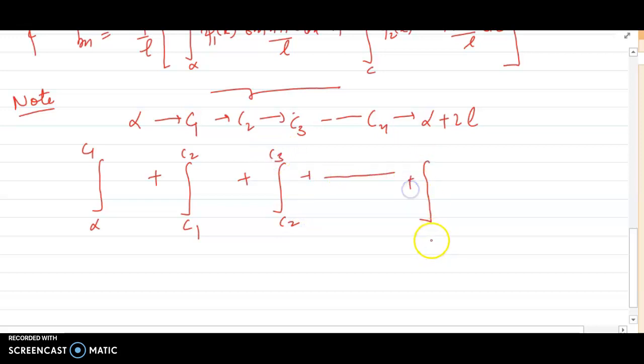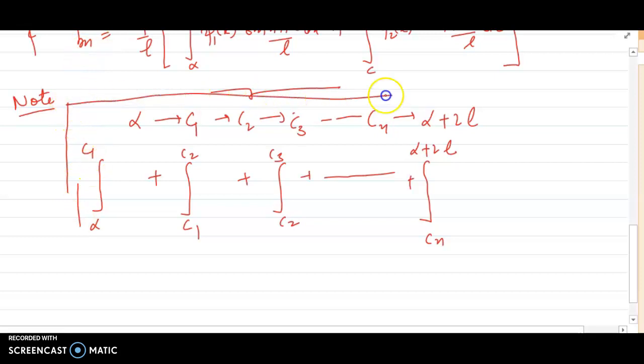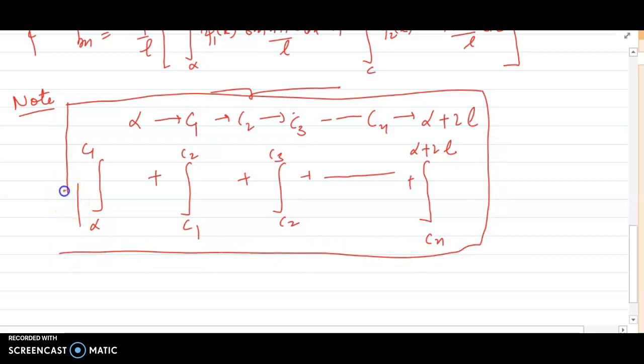At the last, I will write Cn to alpha plus 2L. Once you have written the integrals, we can find the values of a0, an and bn accordingly. So this is the way to write the Euler's formulas for discontinuous functions.